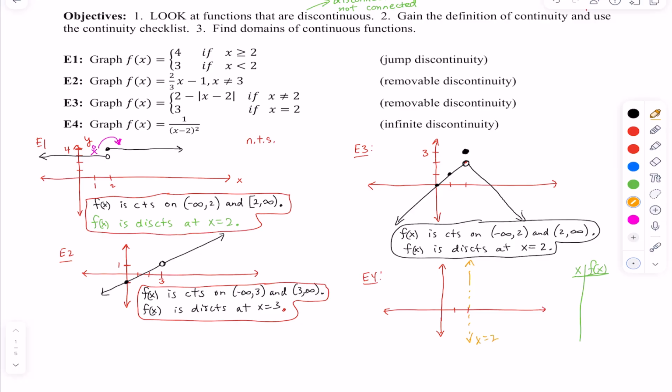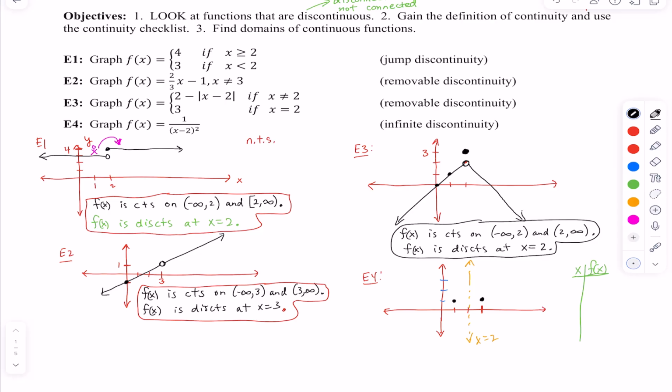This is a positive value function. So notice when x equals 3, our output is actually going to be 1. And when x equals 1, our output will also be positive 1.